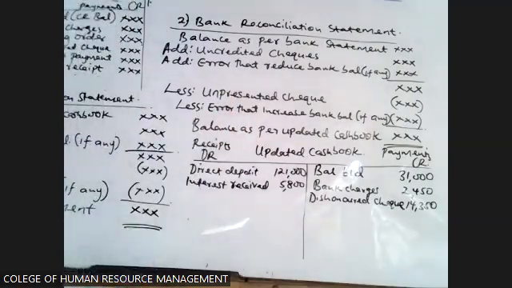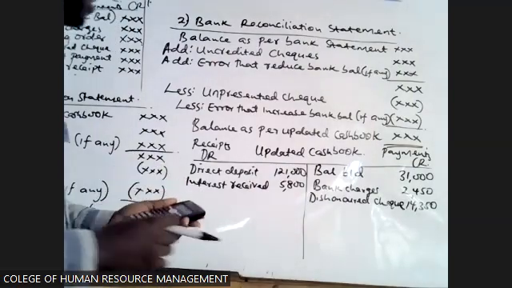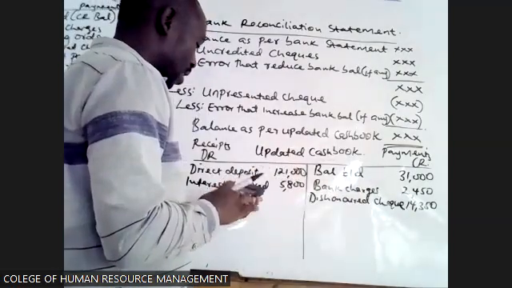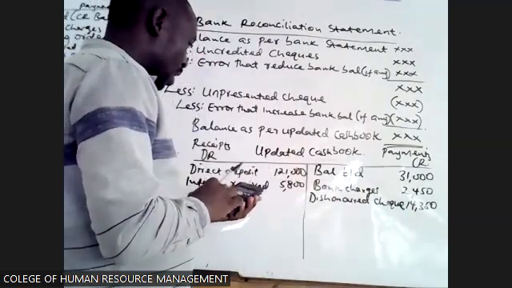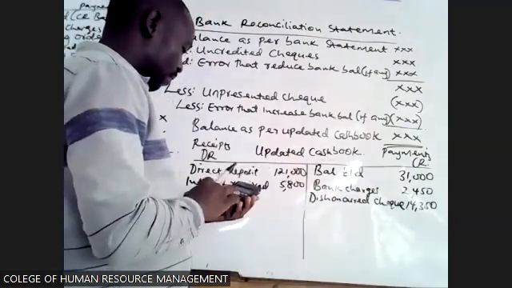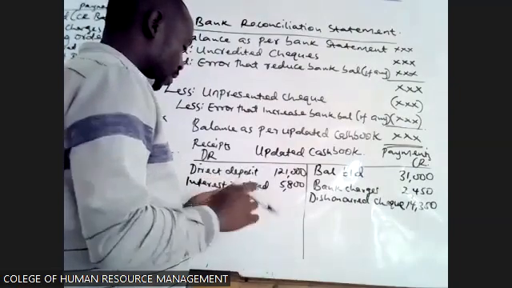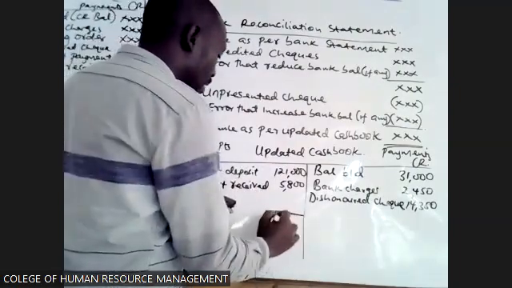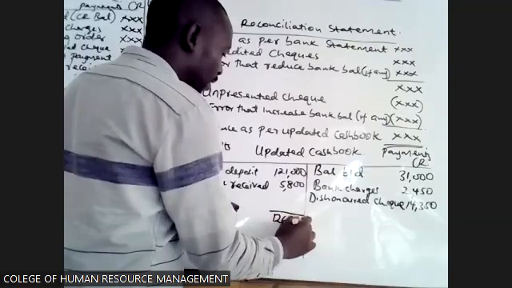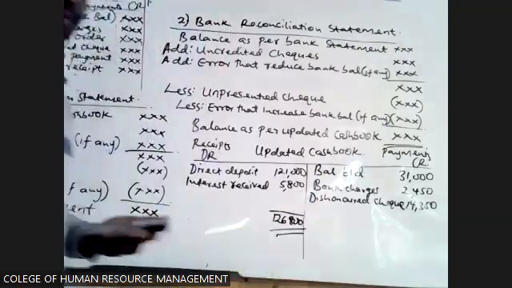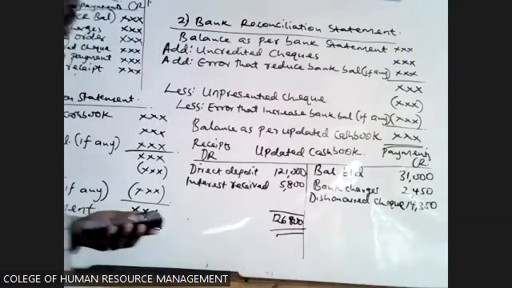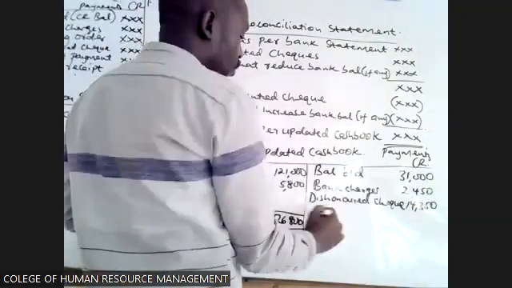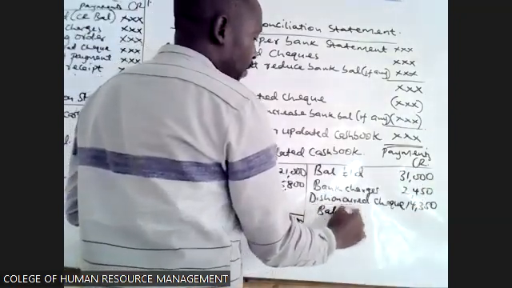So what we do after that, take your calculator and get the balance carried down here. 121,000 plus 5,800. On this side, we have 126,800. The figures here are the rest, so we are going to have a balancing figure.